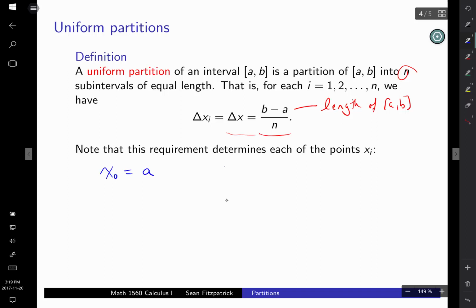And now we know that delta x1 is x1 minus x naught.